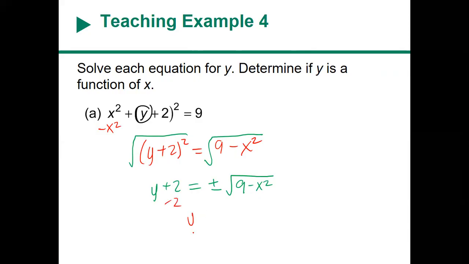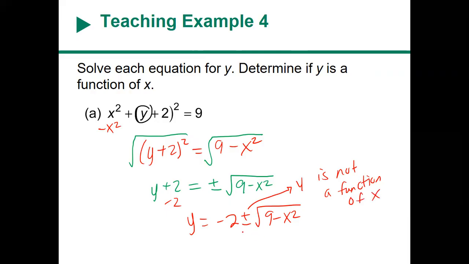And that leaves me with y equals negative 2 plus or minus the square root of 9 minus x squared. And because of this plus or minus, y is not a function of x.